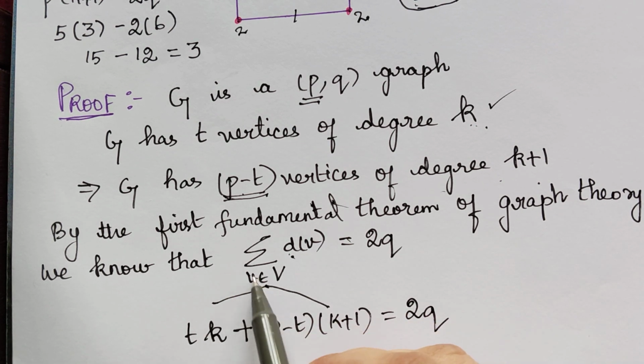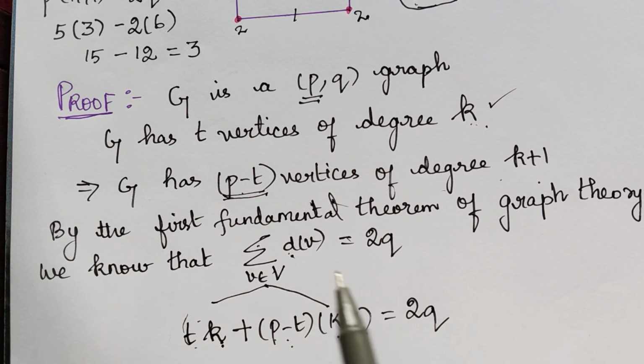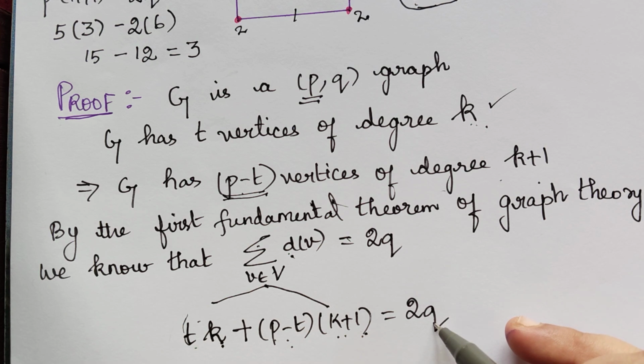This summation of all the degrees is split up into those vertices with degree k and those vertices with degree k plus 1. So t vertices with degree k and p minus t vertices with degree k plus 1, and finally adding it up, we know that it is equal to 2q. Now let us simplify this.